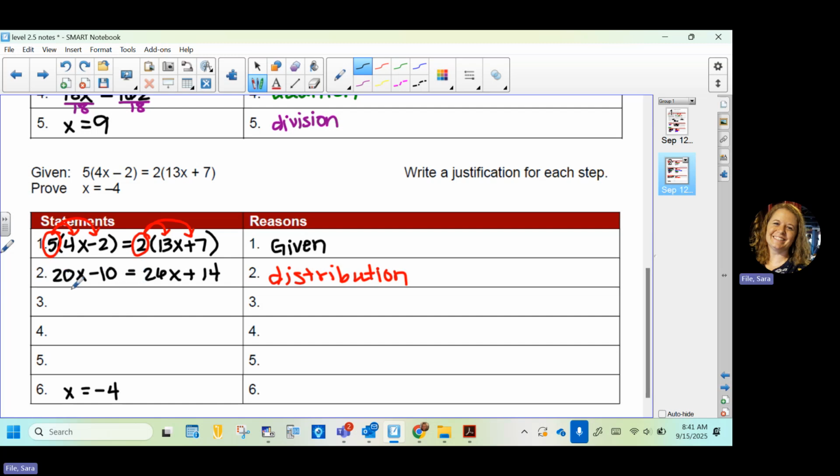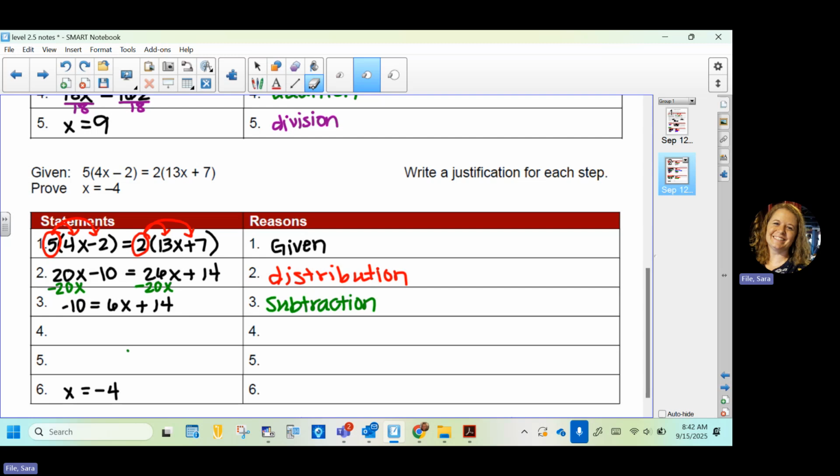So I'm going to move the 20x to the right. When I do that, I am subtracting. Do y'all agree? So this is the subtraction property of equality, which is going to leave me with -10 equals 6x plus 14.